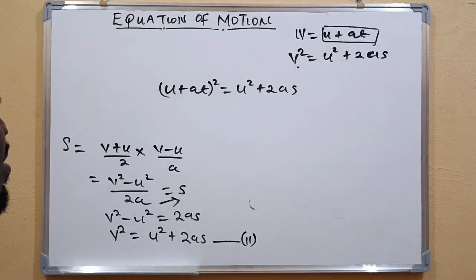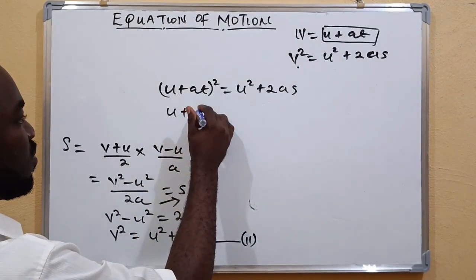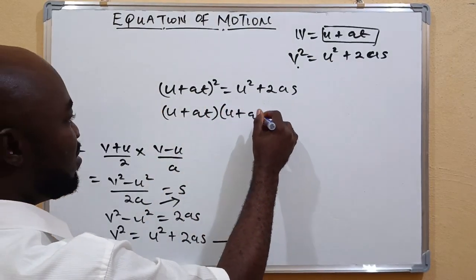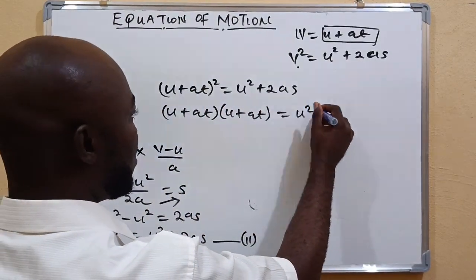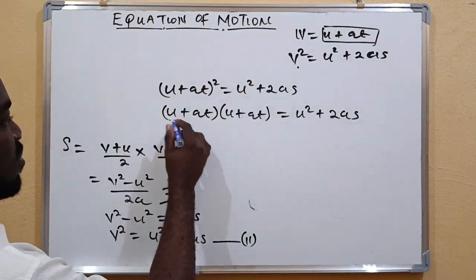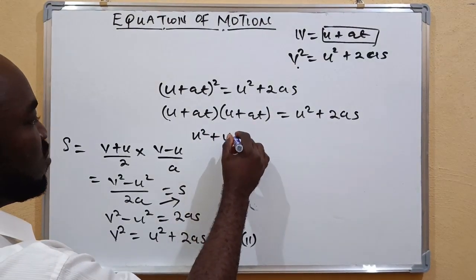Yeah, so I'm going to expand this. If I expand this, I'm going to have u plus at, let me open it well, u plus at, and that will be u squared plus 2as. So this will be u times u, u squared, u times at, uat.